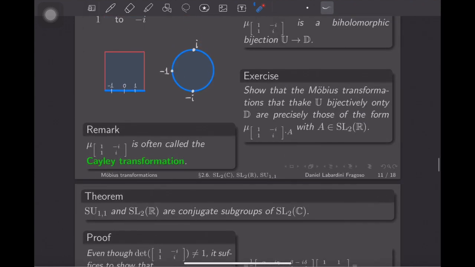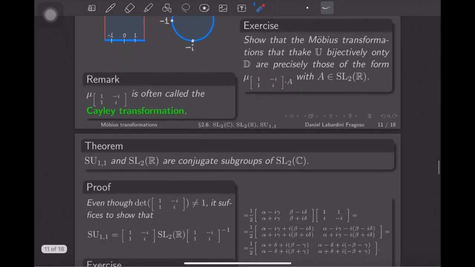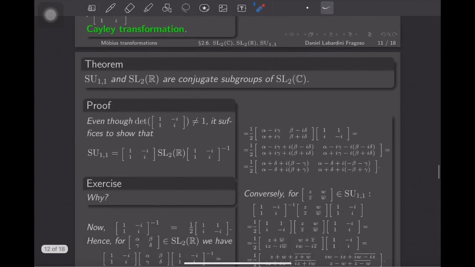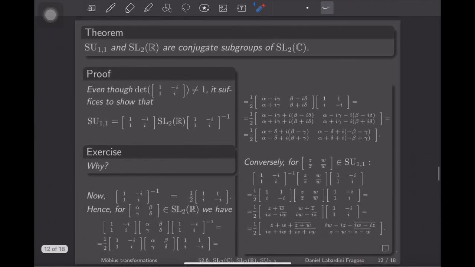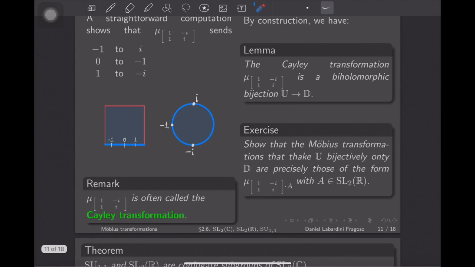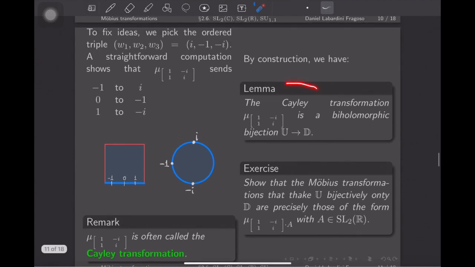Which is very nice, right? It reduces knowing all possible matrices to just having computed one. And then the theorem: I know that the Cayley transformation sends U to D bijectively.